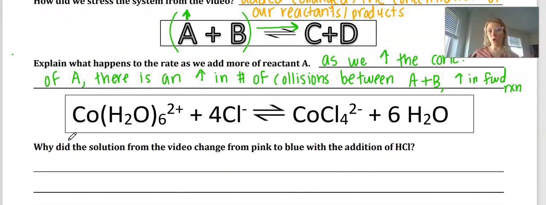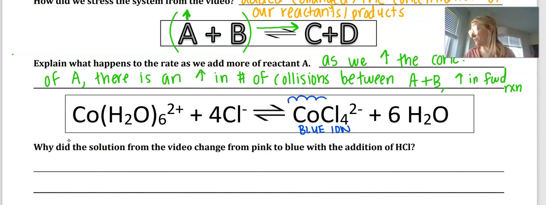Interestingly, these two cobalt ions are transition metals, and remember transition metals are special because they can create colored solutions. Each of these cobalt ions is a different color. The CoCl4 2- is a blue ion.